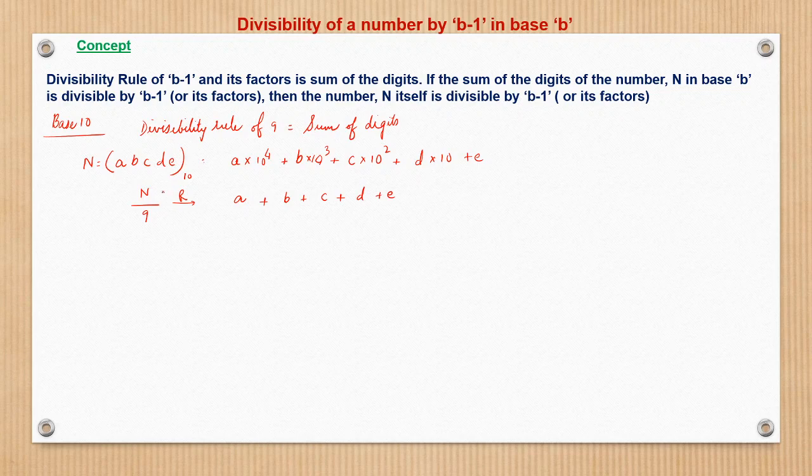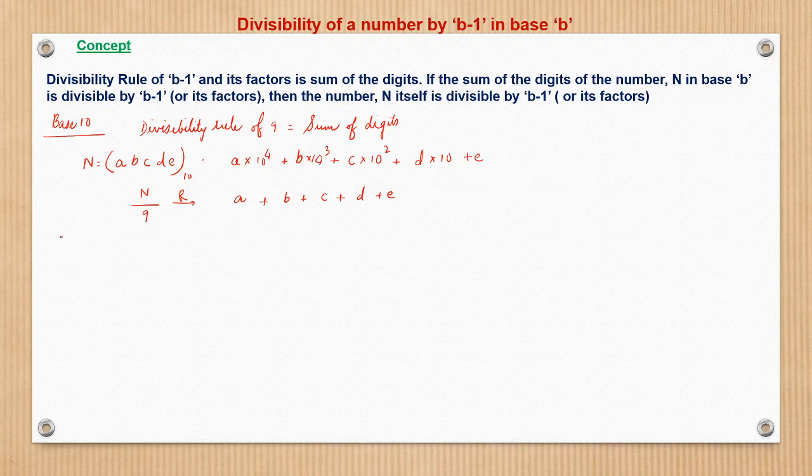So instead of dividing n, which is abcde, by 9, if we just add the digits a plus b plus c plus d plus e, that itself will give the remainder upon division by 9. From here we arrive at the divisibility rule of 9.